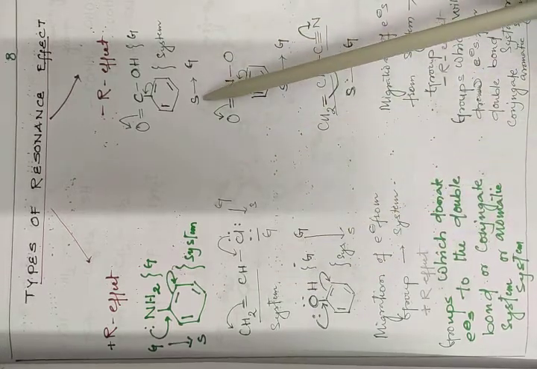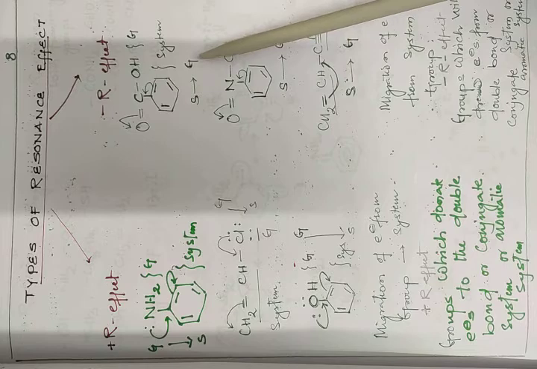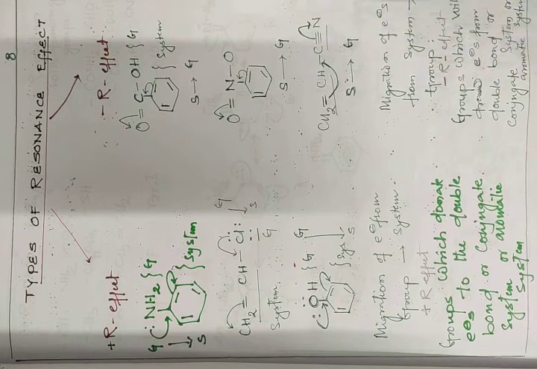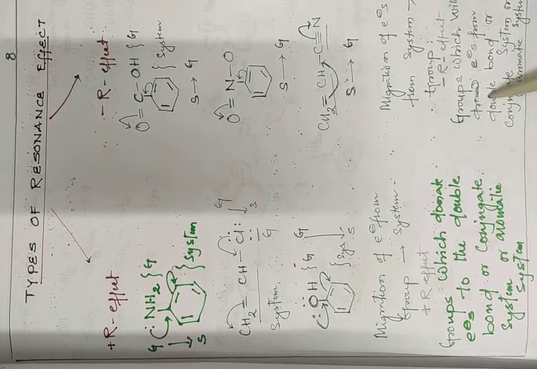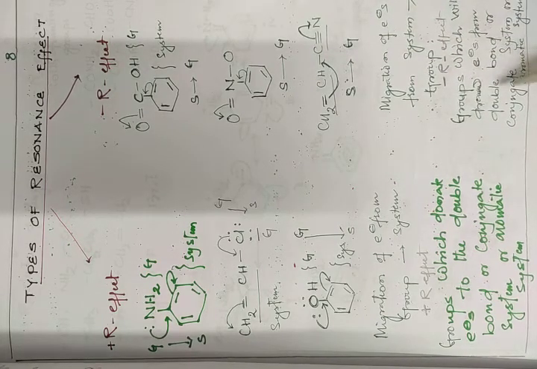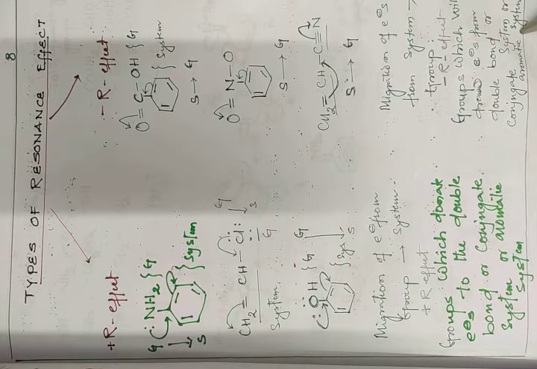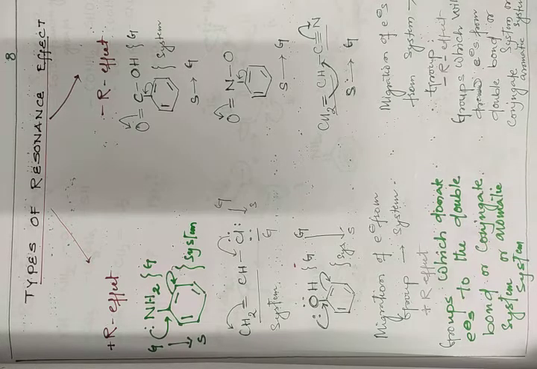The group which withdraws electrons from a double bond, conjugate system or aromatic system shows the minus R effect. Before, the group donated, but in the minus R effect it withdraws electrons.